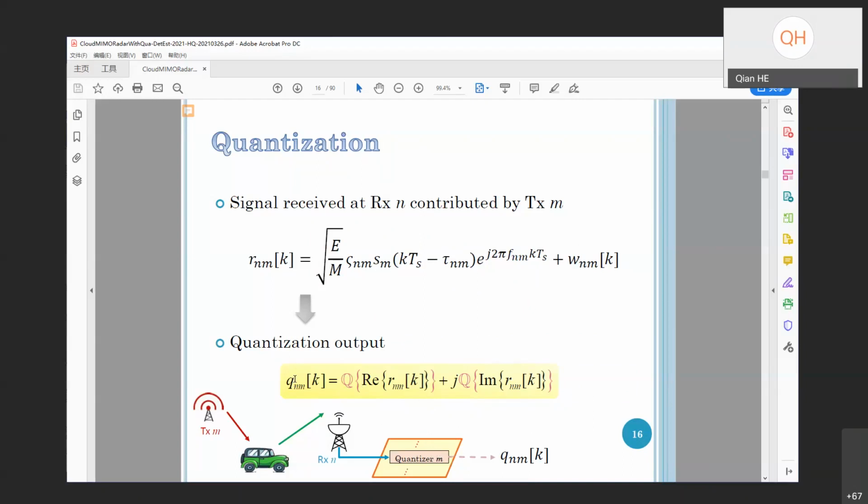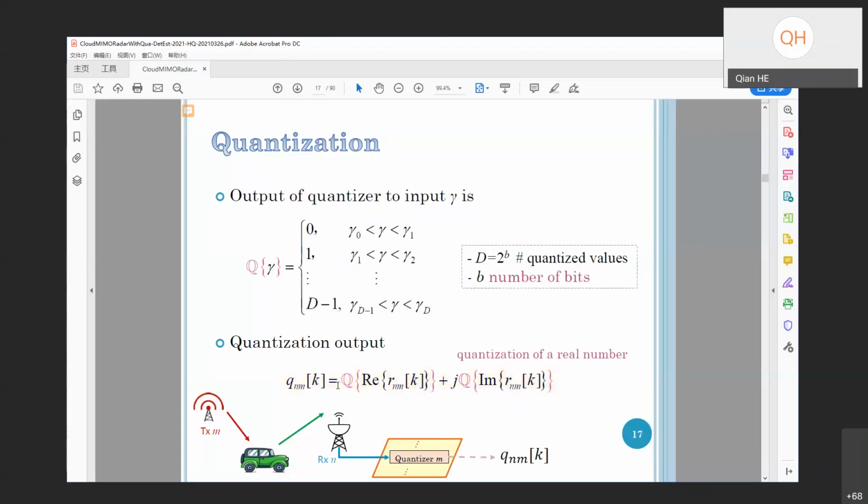Let's denote the quantization output by Q_mn(k). You do this at each local sensor for each of the transmitter-to-receiver paths, supposing all the transmit signals are separable.